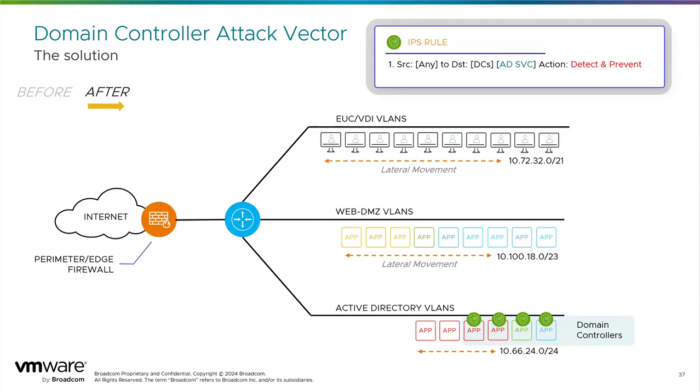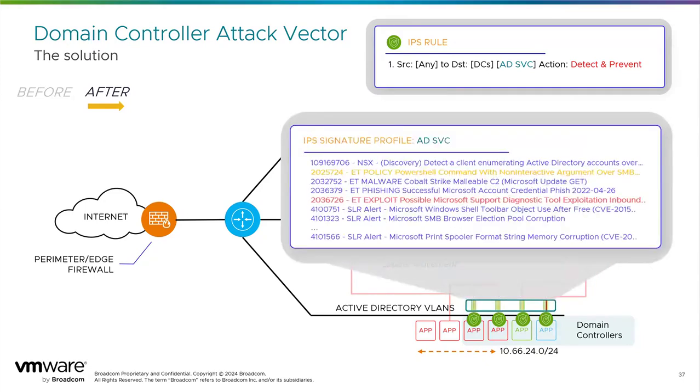Those domain controllers are now guarded by an IDPS policy, which now basically says every packet, no matter where it's being sourced from, on the ingress, it will detect any IDPS signature profiles arranged around the signatures for the profile type AD services. And notice these are various signatures within that alignment.